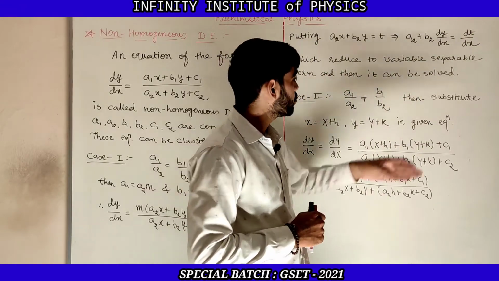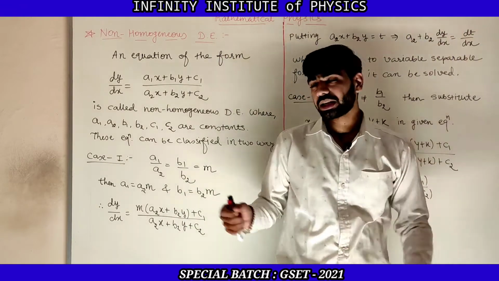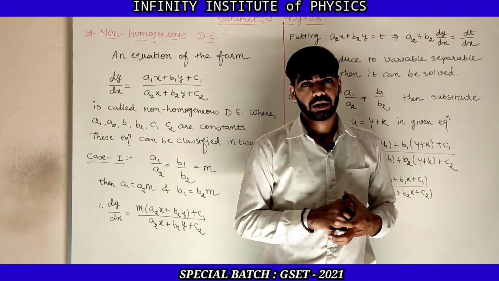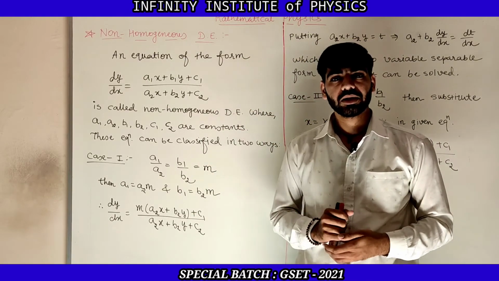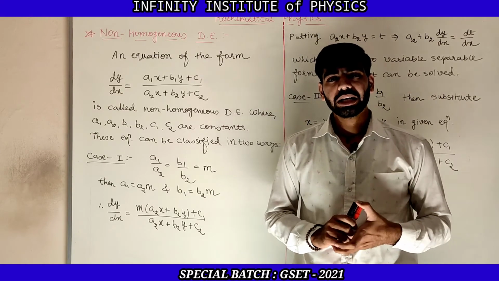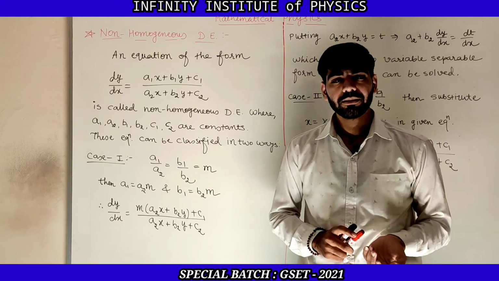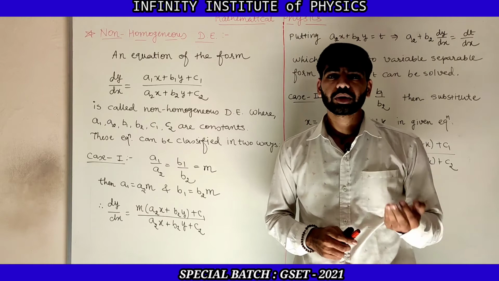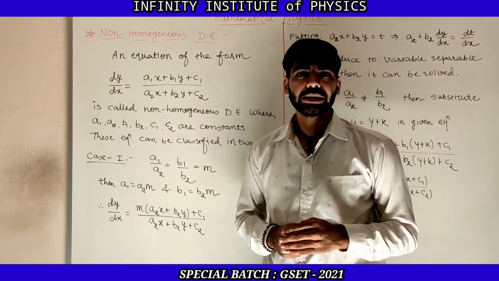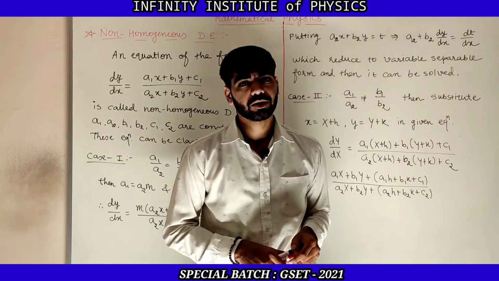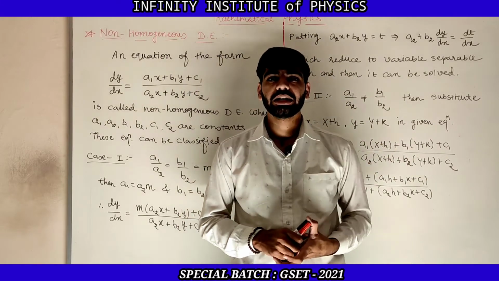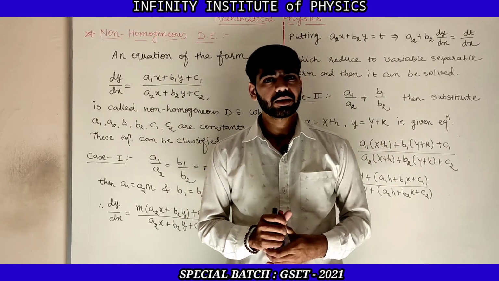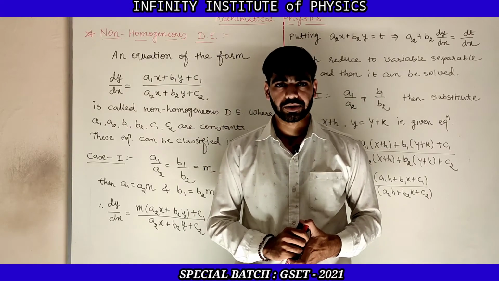And now you need to put all these values into the given differential equation, and that can be converted into variable separable form. Then you can solve it easily by integrating with respect to the particular variables, and then you can find the general solution of the given differential equation.